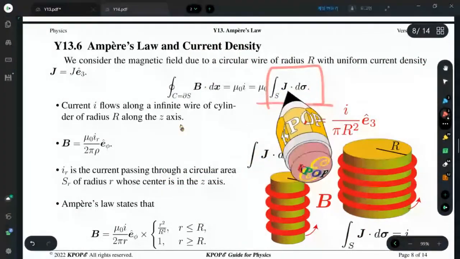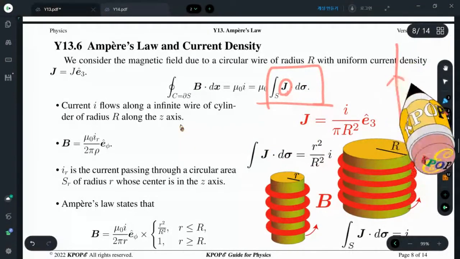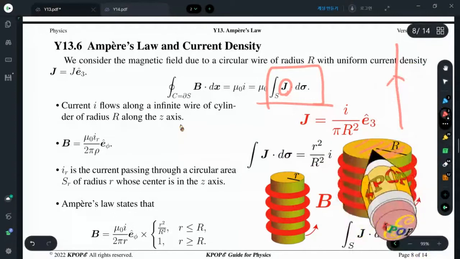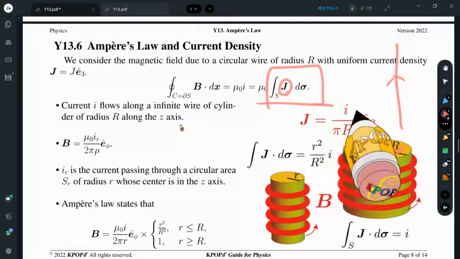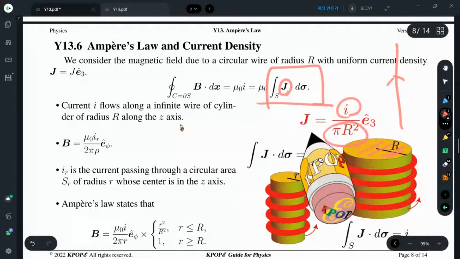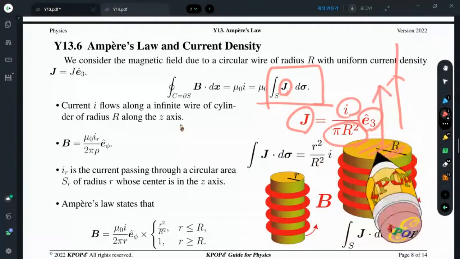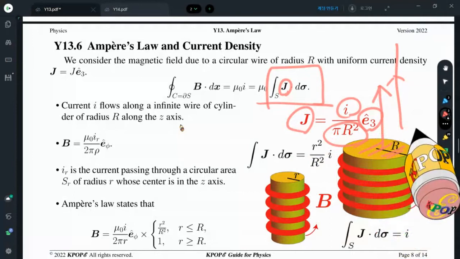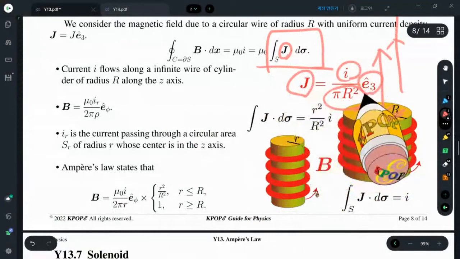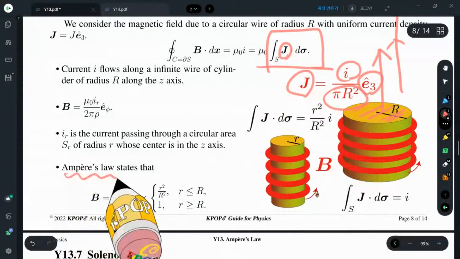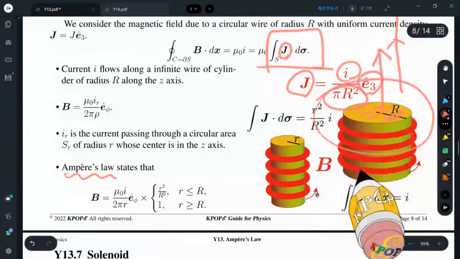If you take into account the current density instead of a thin current, a wide area, the current is distributed over the wide area, then current density is current divided by area. And it is still a vector. It has the direction of the current or the direction of the velocity of the drifting charge. So you substitute this current density and you will find the same result for Ampere's law outside the thick wire.